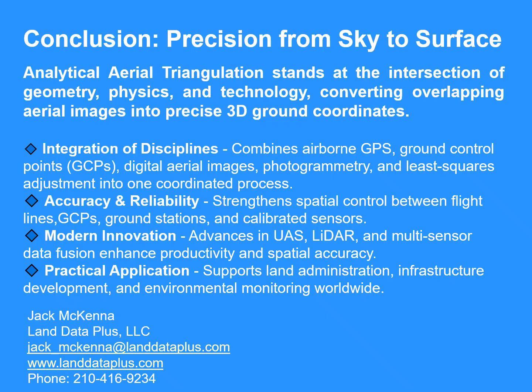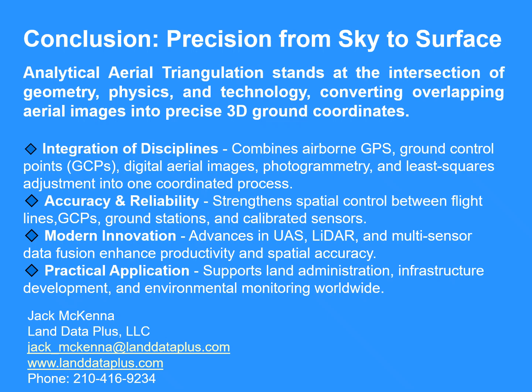Conclusion, precision from sky to interface. Analytical aerial triangulation stands at the intersection of geometry, physics, and technology, converting overlapping aerial images into precise 3D ground coordinates. It's an integration of disciplines, combines airborne GPS, ground control points, digital aerial images, photogrammetry, and least squares adjustment into one coordinated process.